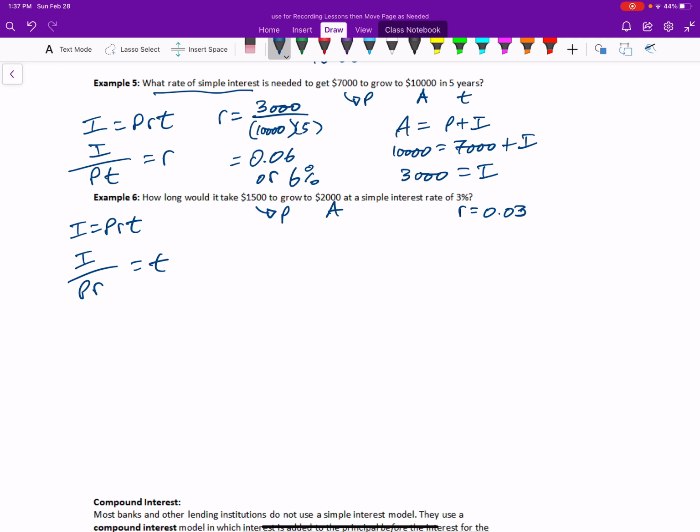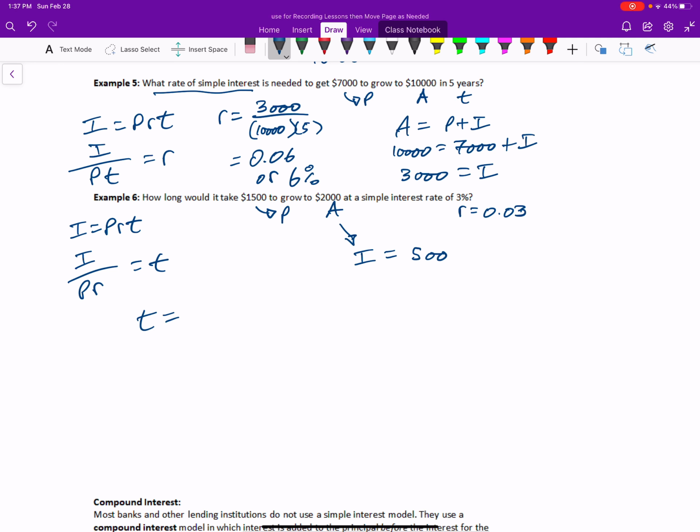So again, from this, I can figure out that the I has to be $500. I could show it, but we can also just think about it. If I started with $1,500 and I ended with $2,000, then the only other component is the $500 that must be the interest earned. So there we have it.